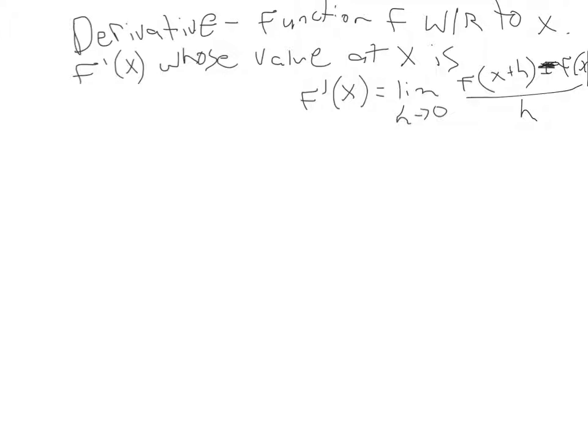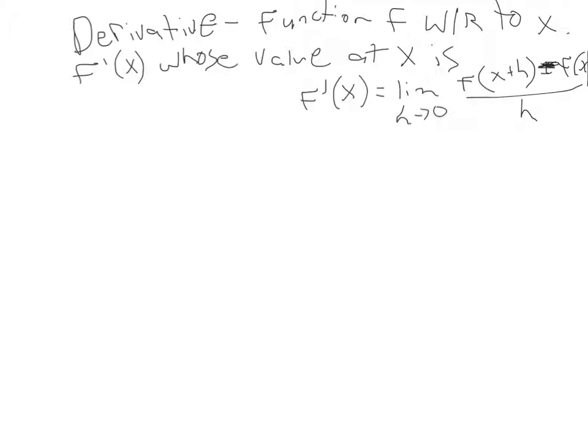We already know this. Now, the domain of a derivative is the set of all points in the domain of f for which the limit exists. And if f prime of x exists, we say that the function has a derivative at x.